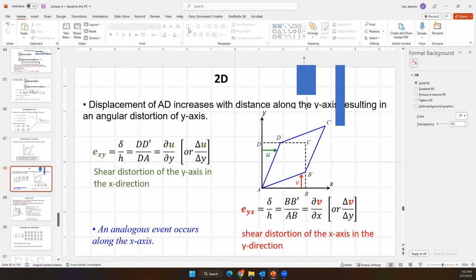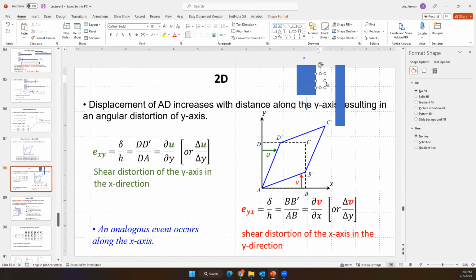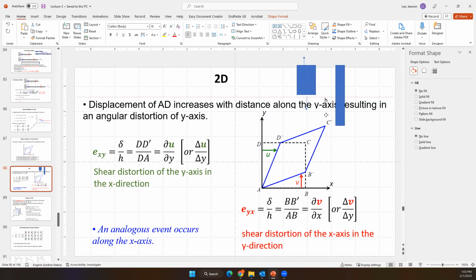At the time, the H is the change of the point in this direction.